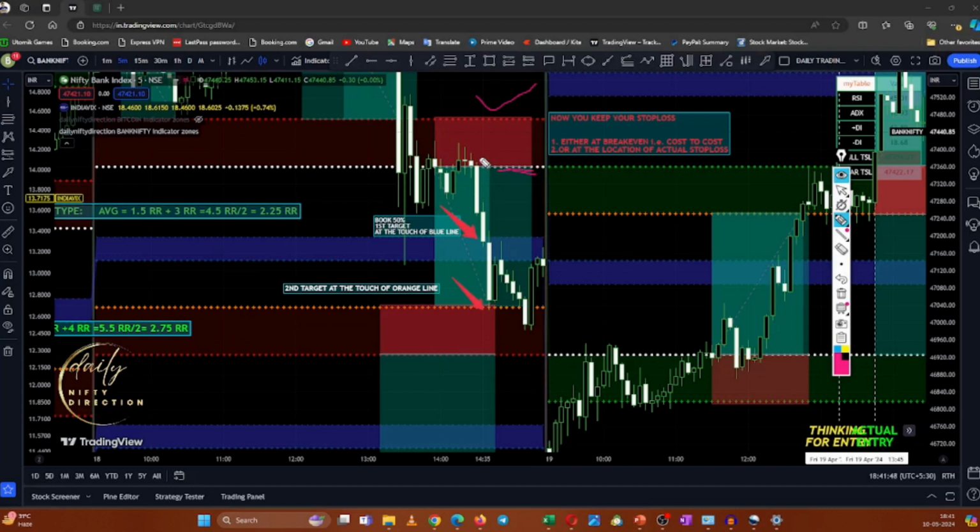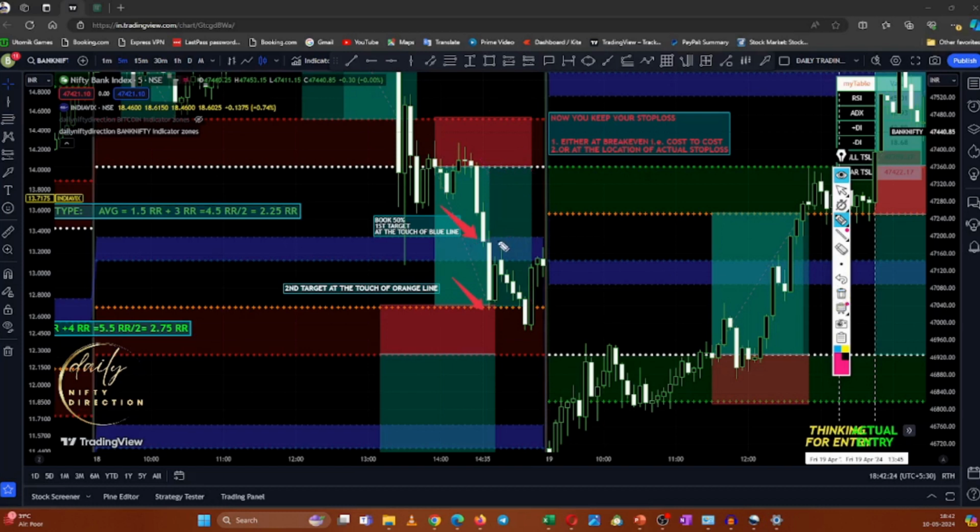But if you kept your stop loss at the break even, sometimes it will come and face resistance and then it will reach your second target. So it is up to you to decide where will you keep your stop loss after hitting your first target.